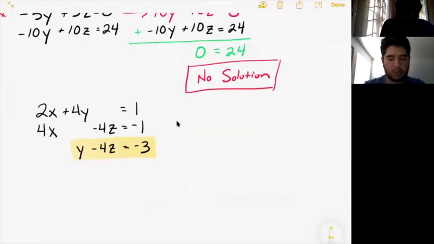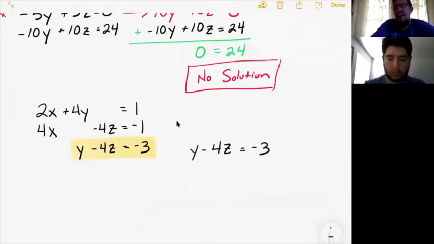So we'll take the y minus 4z equals -3. And what could I do here to move the 4z to the other side? Plus 4z. Yeah, that seems really easy, plus 4z.